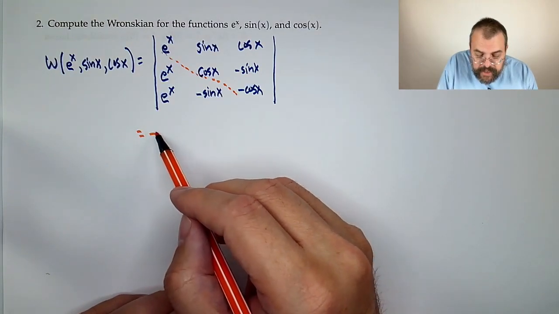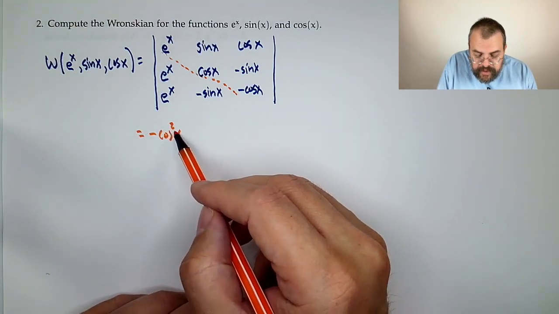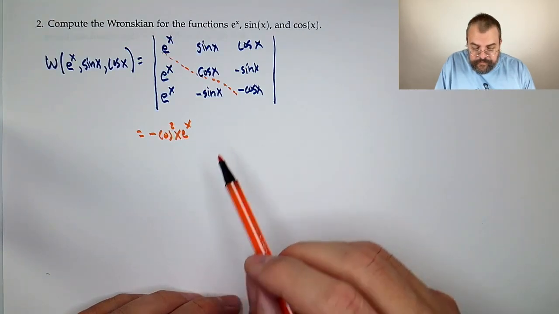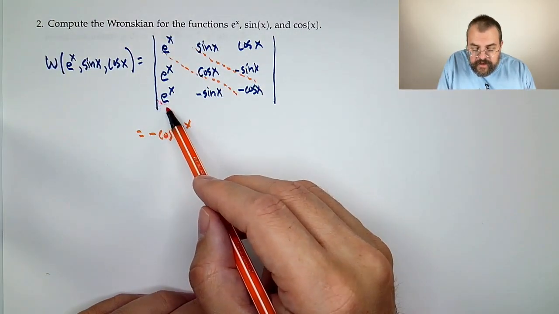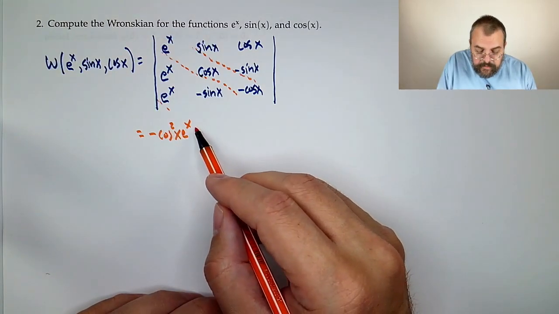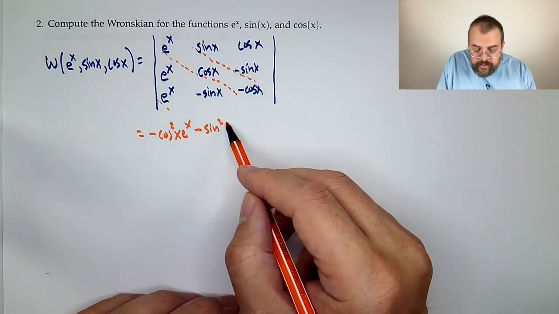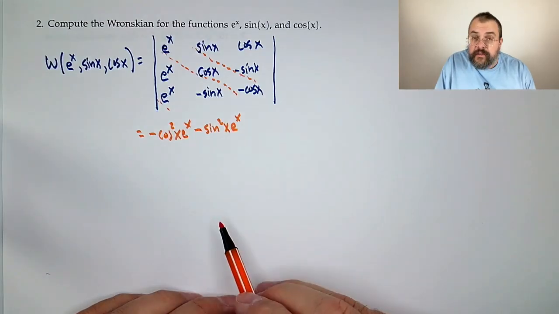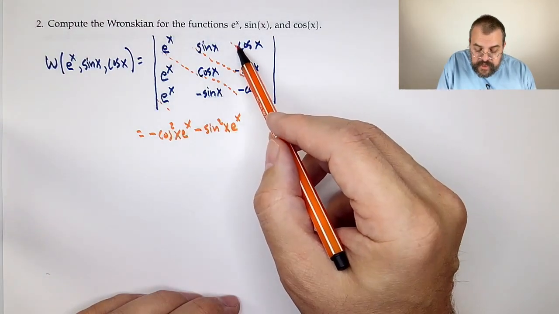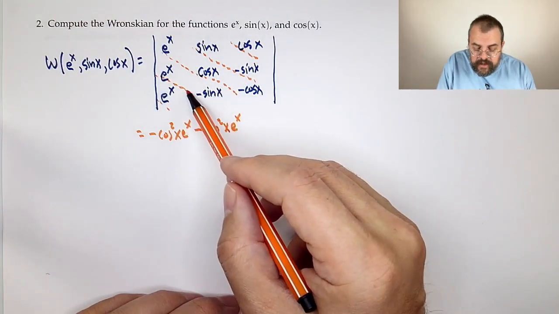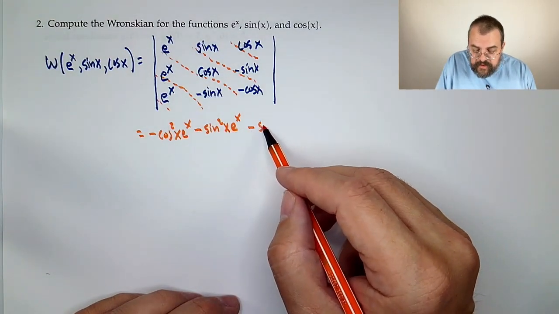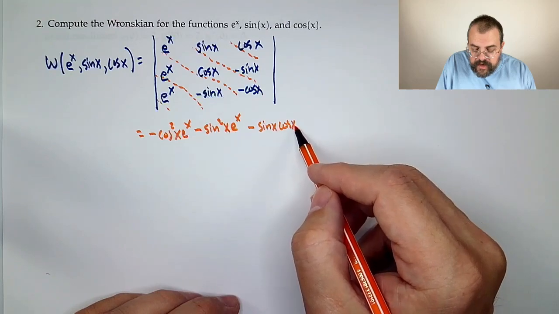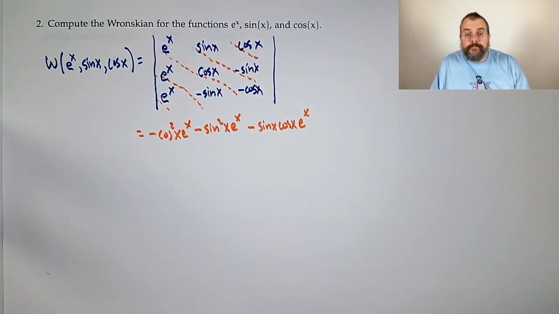So that would be minus cosine squared x e to the x. And we'll have sine of x times minus sine x times e to the x. So that's minus sine squared x e to the x. And then we'll have a cosine, e to the x, and a negative sine. So that'll be minus sine x cosine x e to the x.